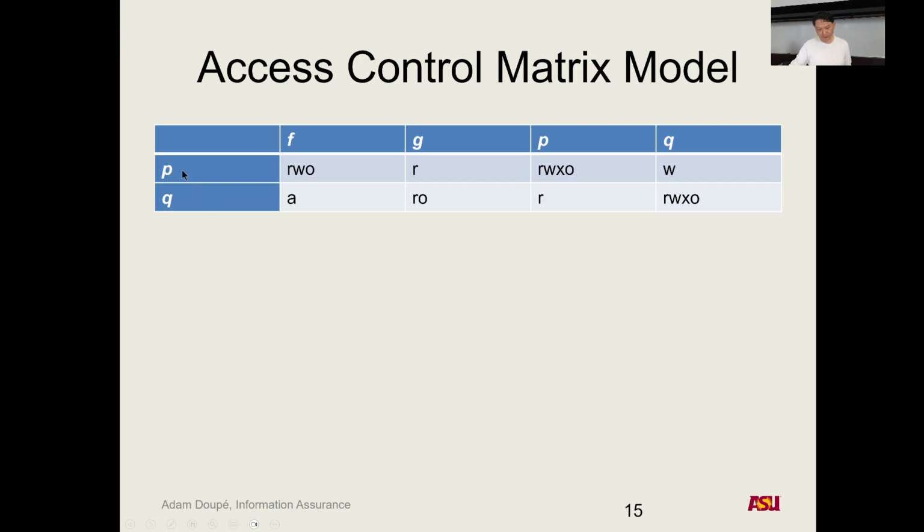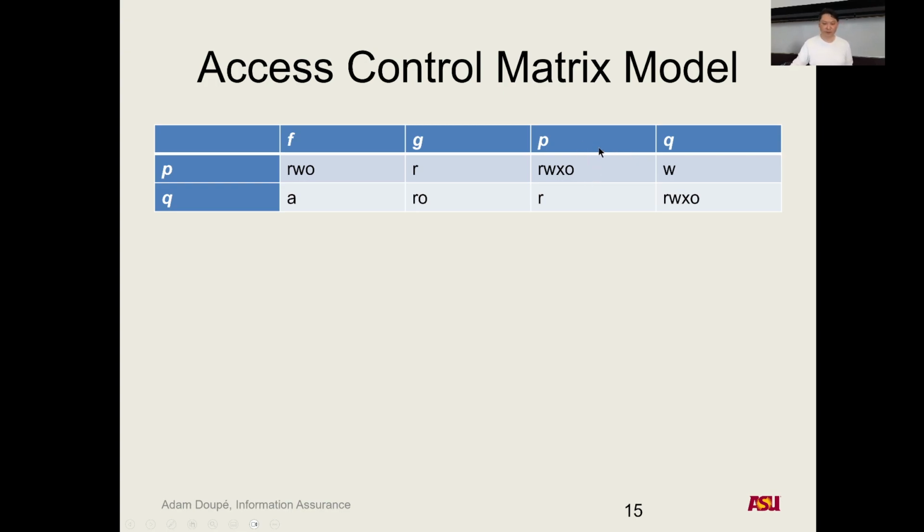The subject P has rights against the object F: read, write, own, and against G, read and write. So here P and Q are different symbols.